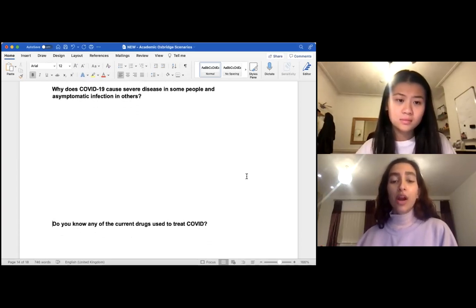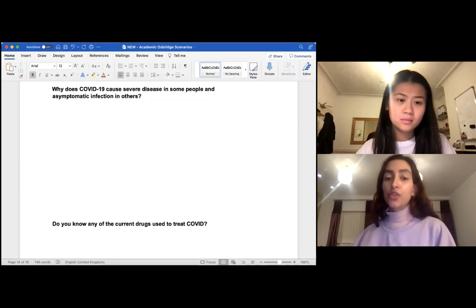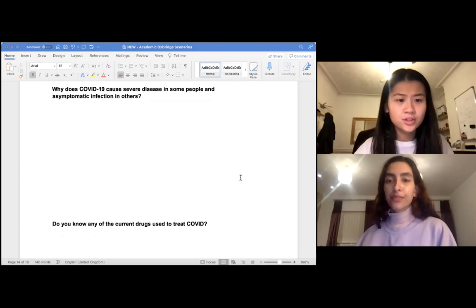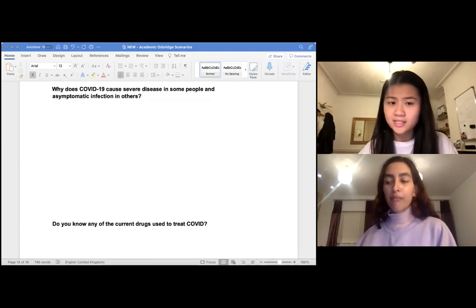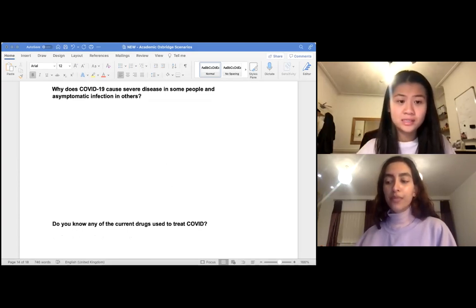Do you know any of the current drugs that we're using to treat COVID-19? Yeah, so I heard about a drug called dexamethasone, and this is a corticosteroid which has an anti-inflammatory and immunosuppressive effect towards COVID-19.